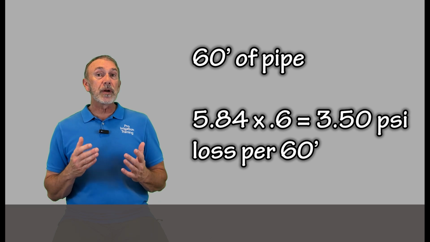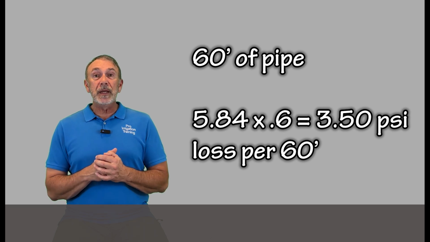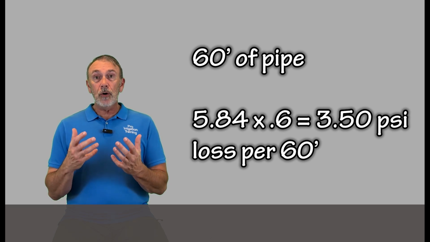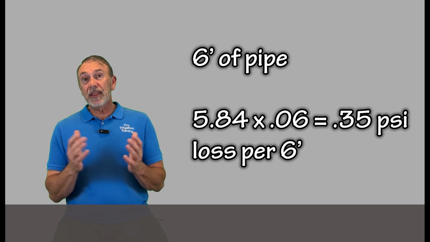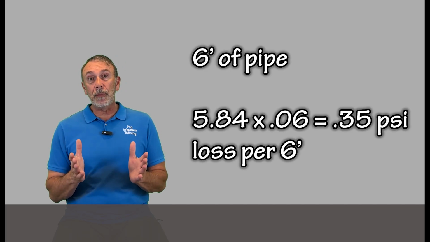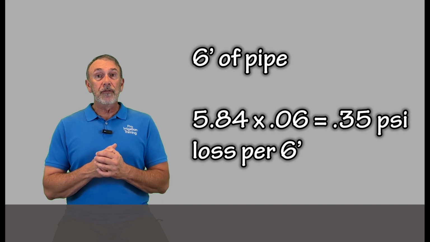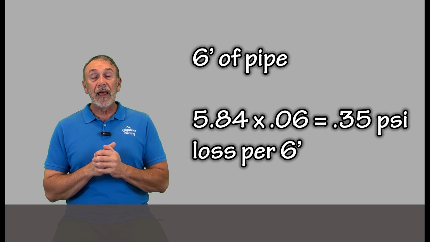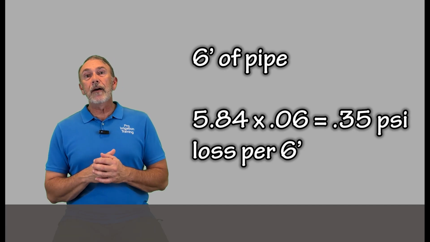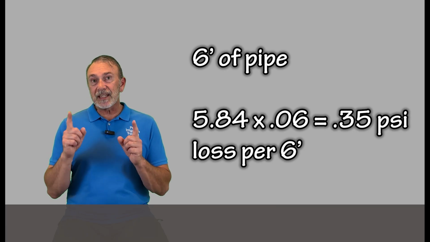And that would give you 3.5. And that would be 3.5 total friction loss for that 60 feet of pipe. But let's say that we're only using 6 feet of pipe. We would do the 5.84 times 0.06, and that would give us 0.35 psi loss just for that 6-foot section of pipe.